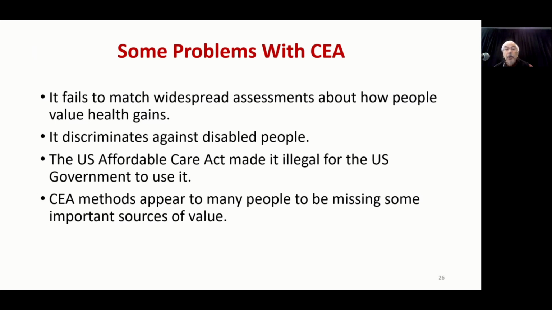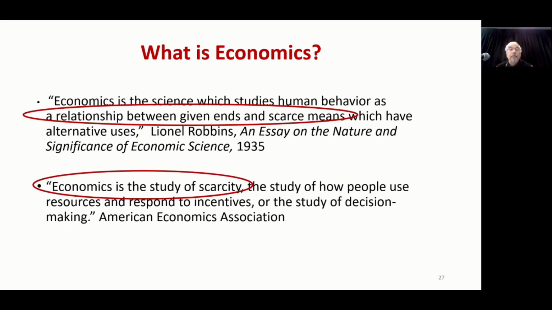We know that. We also know that cost effectiveness discriminates against disabled people, and that's primarily important in the signals that it sends to developers of new pharmaceuticals and similar technologies. In fact, it's so much that the Affordable Care Act in the U.S. has banned the use of cost effectiveness in making governmental decisions. And to many, it appears to be missing a lot of sources of value.